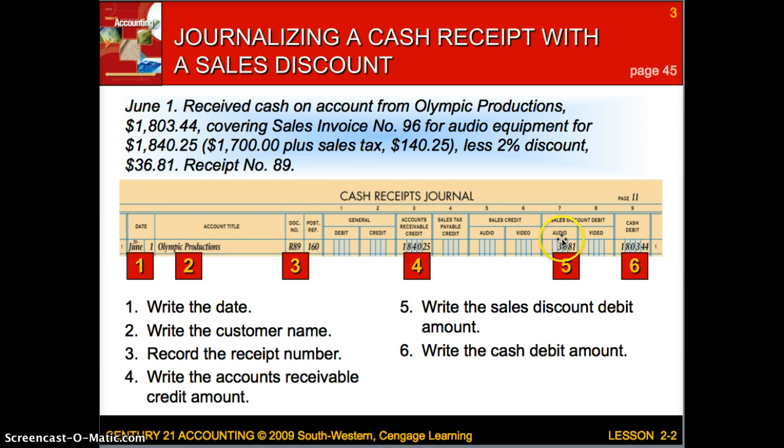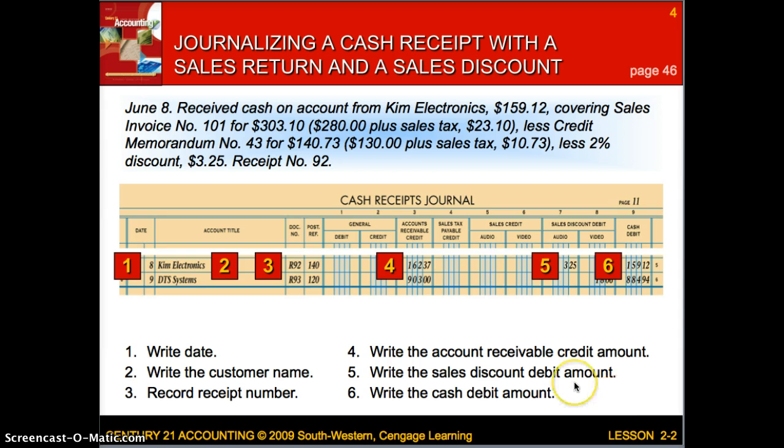So the actual sales discount on the audio was $36.81 and the cash debit was $1803.44. So this is the amount we are waiting to receive, but we got this discount and here is our cash debit.